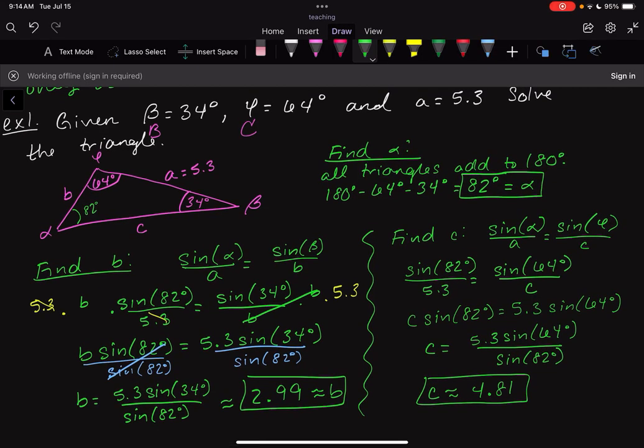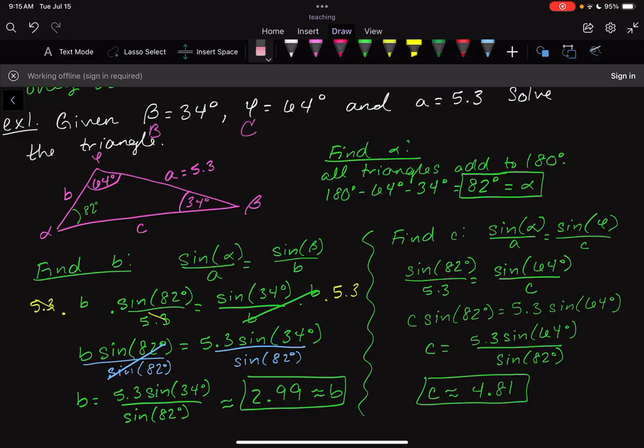Something else I'd like to mention is to find C, we could have used B and C together. We could have. The issue with that is that B is a rounded value, so it may give us a rounding error if we were to use that. So I always recommend try to use the information that is given over any information that you found.